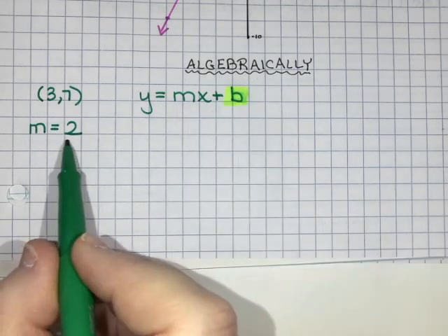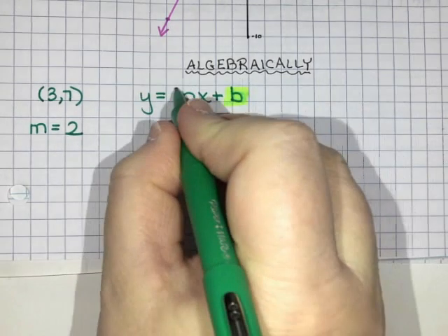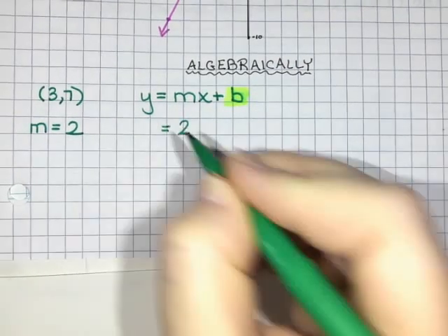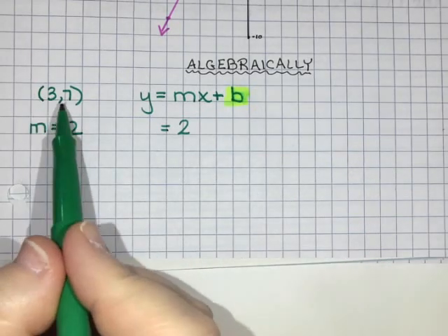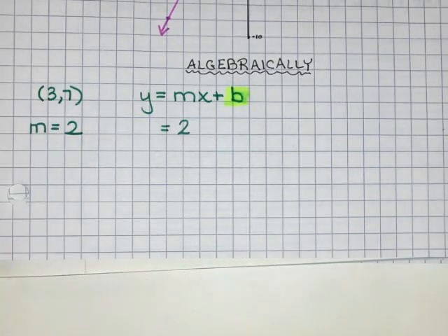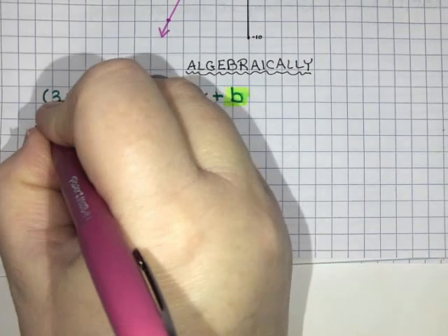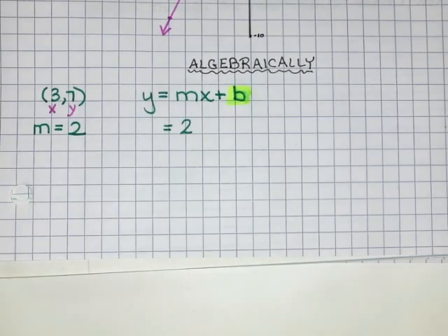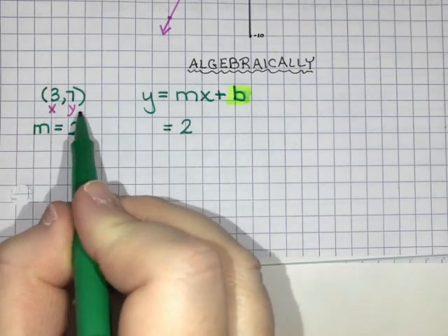So I know my slope is 2. So in place of the m, I could put in a 2. And then they gave me a point, and every point has an x part and a y part. So I could put those into the formula for x and y.